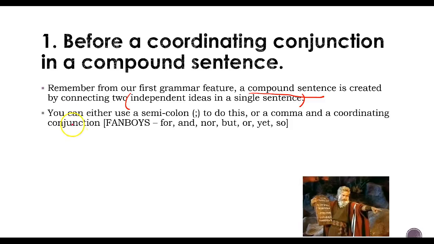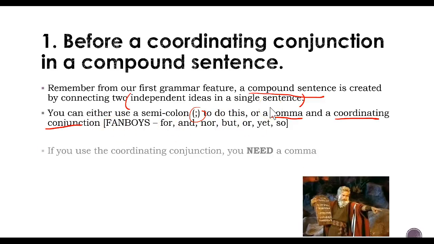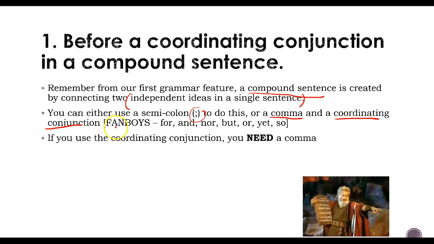And you can either use a semicolon to connect the two independent ideas, or you can use a comma and a coordinating conjunction, like one of the FANBOYS conjunctions: for, and, nor, but, or, yet, so. So if you use a semicolon, obviously you don't need a comma, but if you use a coordinating conjunction, you need the comma. So this is the first most important comma rule. Always make sure you use a comma with a coordinating conjunction to connect two independent ideas into a compound sentence.